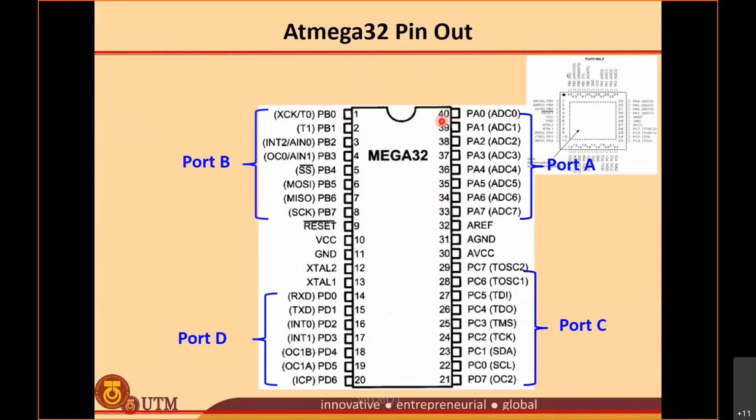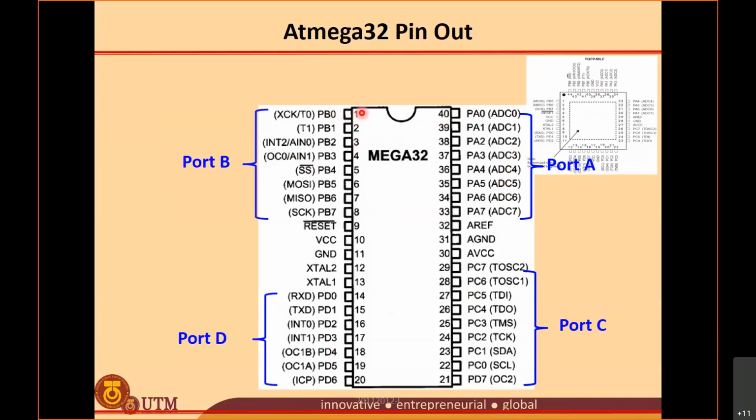Okay, previously kita tahu Atmega32 dia ada a total number of 32 input output port. Okay, so kalau kamu tengok kat sini, daripada 32 tu, kamu boleh bahagikan dia kepada 4 port.